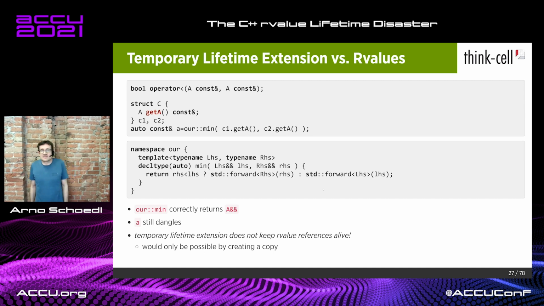The problem is that modern C++, with perfect forwarding, turns values into rvalue references pretty quickly. And that's what happened here with the minimum function. And then it doesn't work, it breaks. So what do we do?